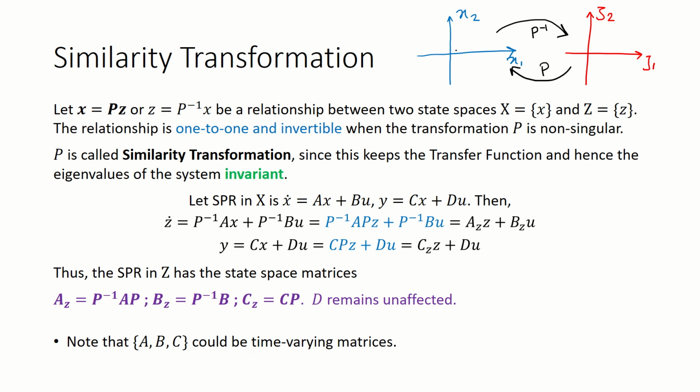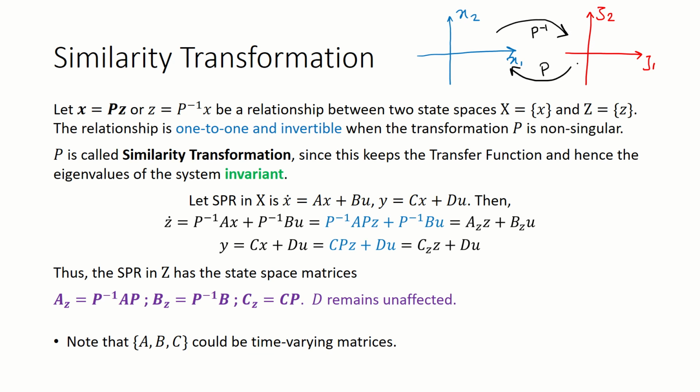So what does it mean? You take any vector from this space, the x1 x2 space, and you apply this P inverse matrix to that vector, you will get another vector which will be in the z1 z2 space.